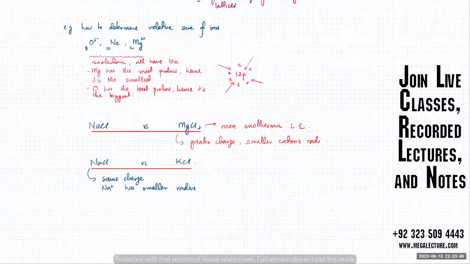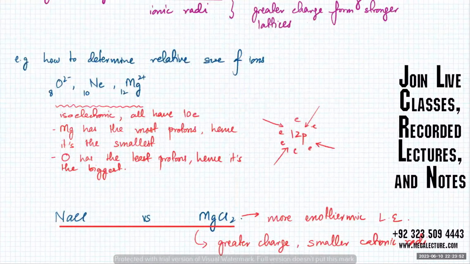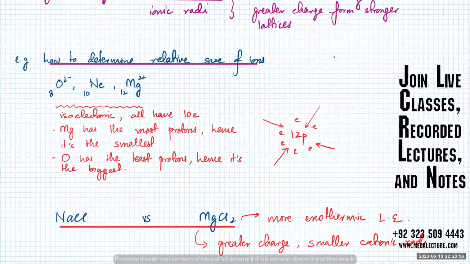So I'm going to add over here that when you move down the group, the ionic radius increases.